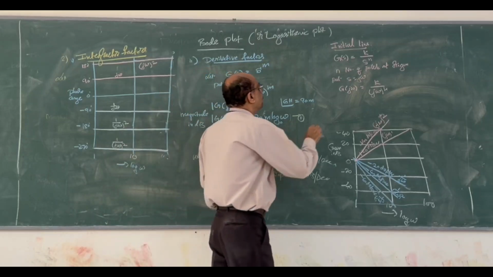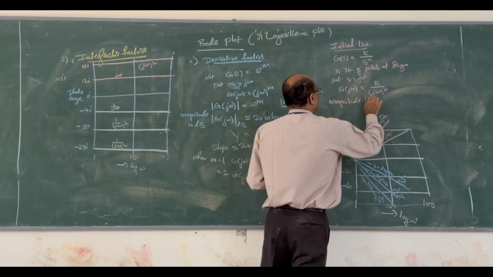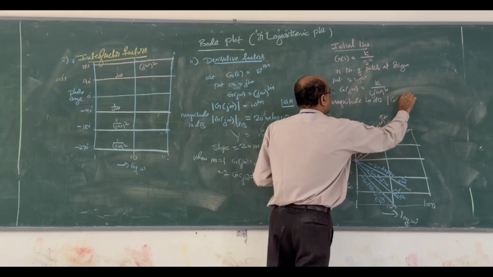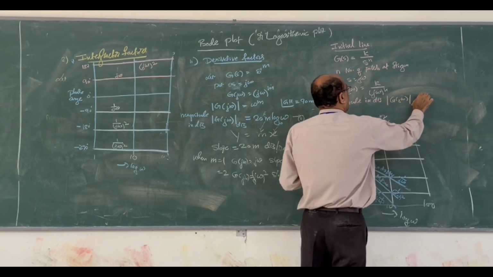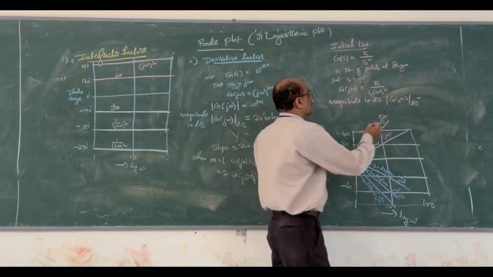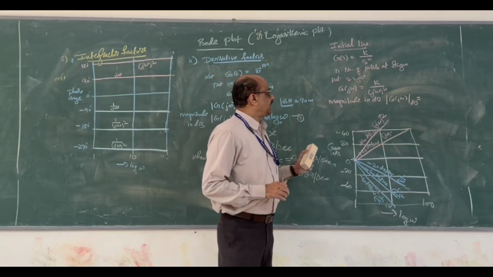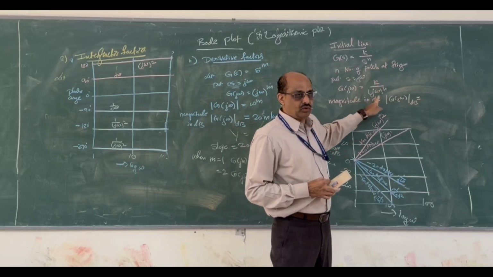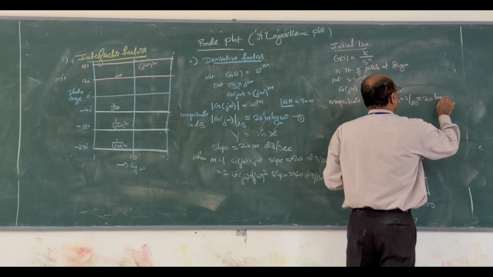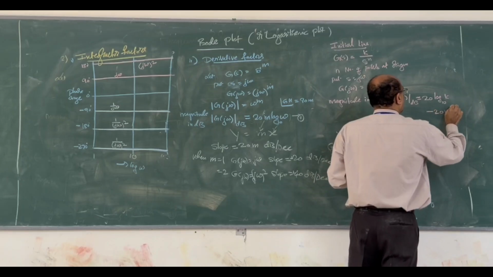Magnitude in dB, that is G of j omega in dB, or even G into H of j omega. If it is unity feedback, then H is 1, so that is equally valid. Gain in dB can be expressed, there are two factors: magnitude is K by omega to the power of n. Now it can be 20 log K with base 10 minus 20 n log omega.